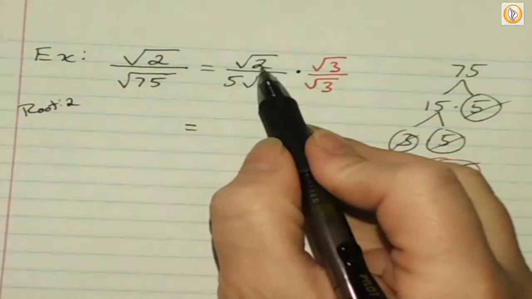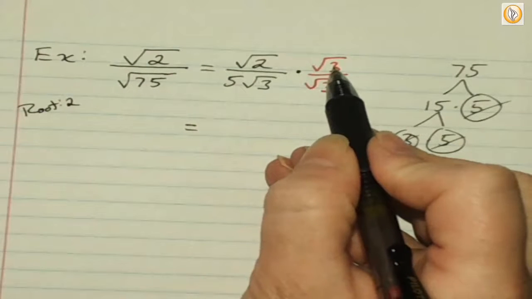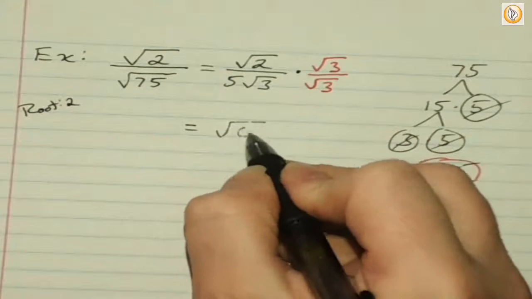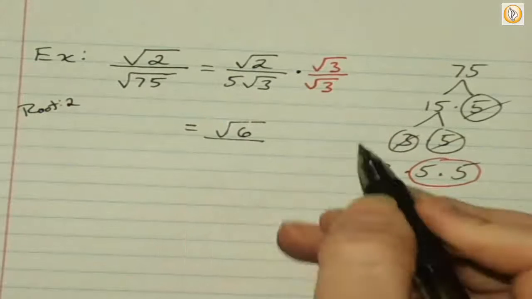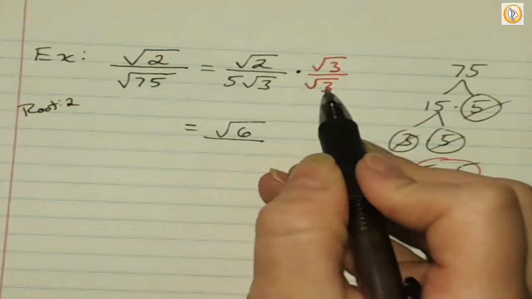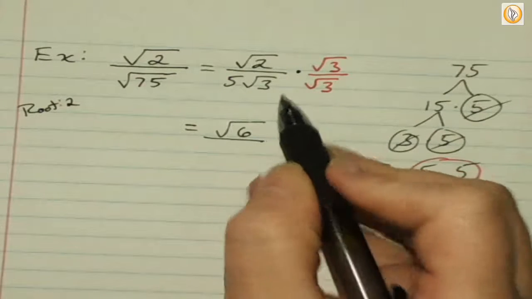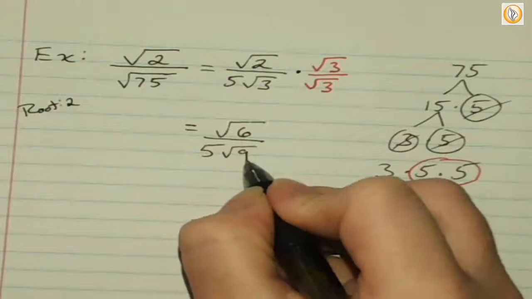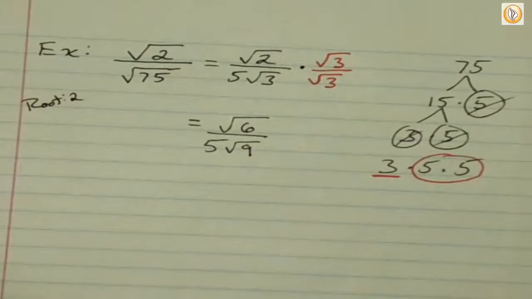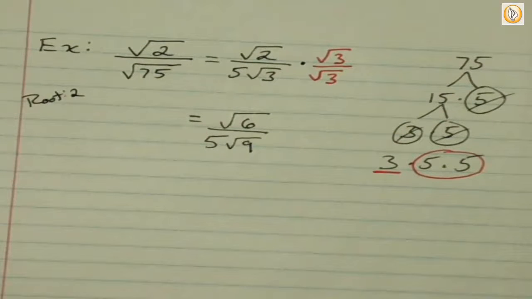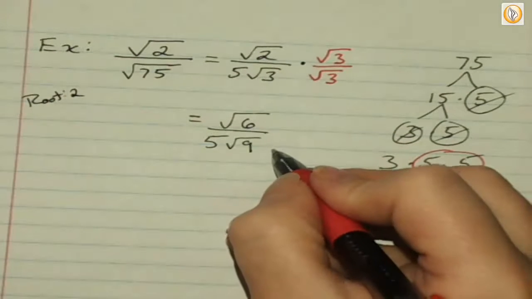What is the square root of 2 times square root of 3, Cecilia? The square root of 6, right? Now, we have a 5, and then what's the square root of 3 times square root of 3? So then we have 5 times square root of 9. Do y'all see where we got that? Are y'all with me? This is a perfect square.